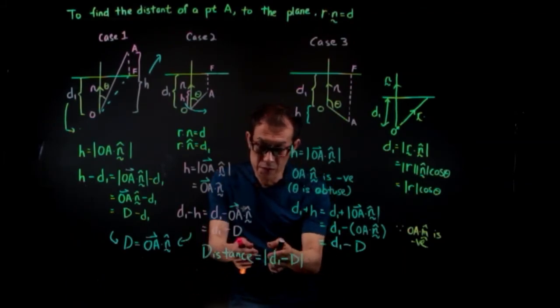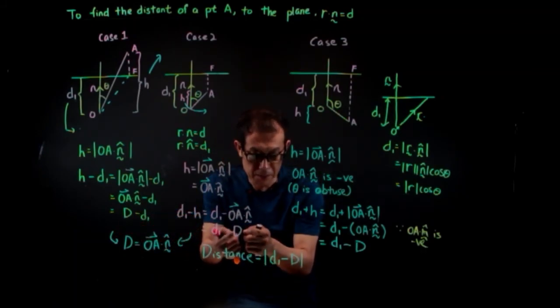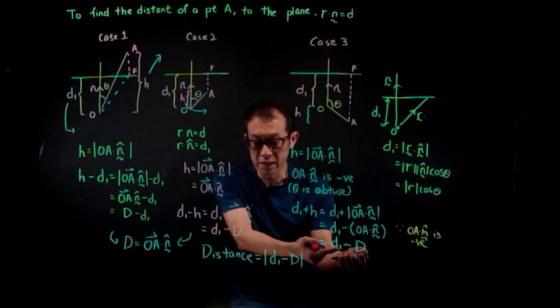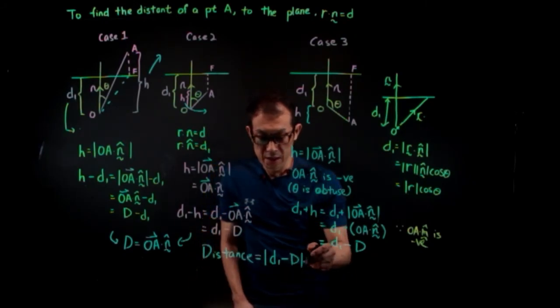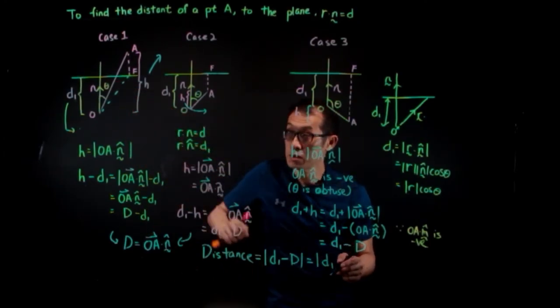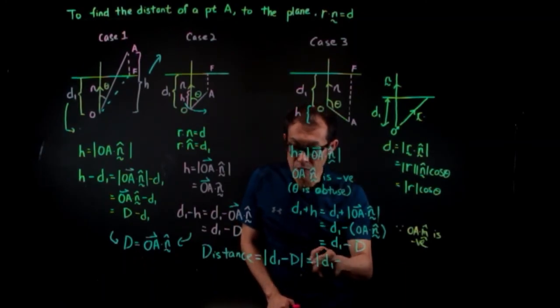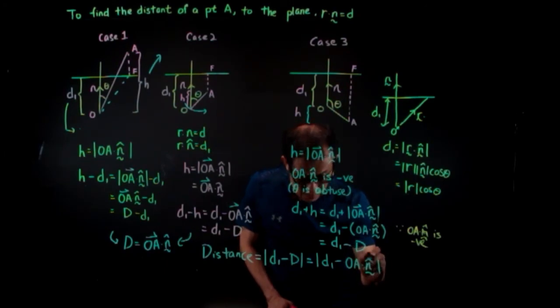You notice there is big D minus d1 here, and this is d1 minus big D. So you just take the difference and take the modulus. So what is d1? d1 is the distance of the origin to the plane, minus big D, which is OA dot unit vector n. So this is the formula.